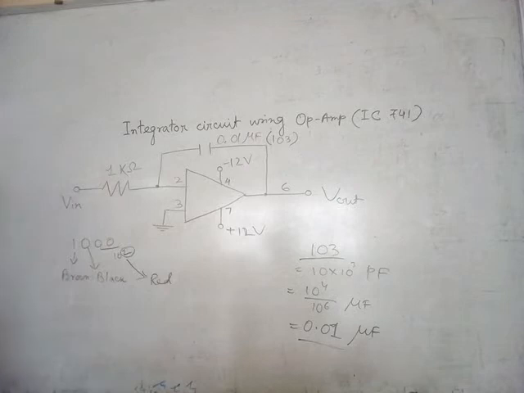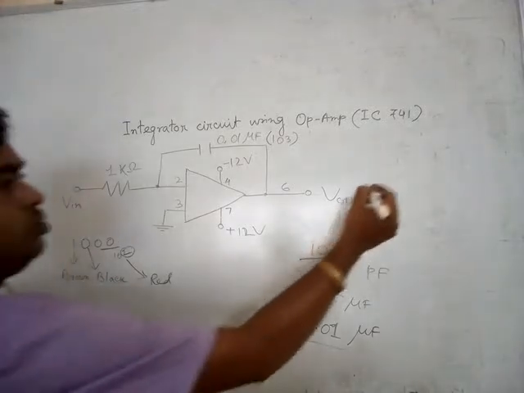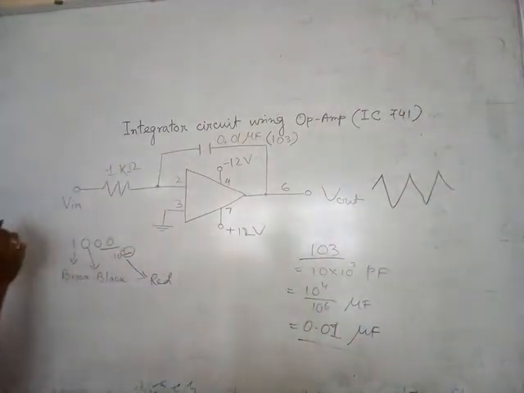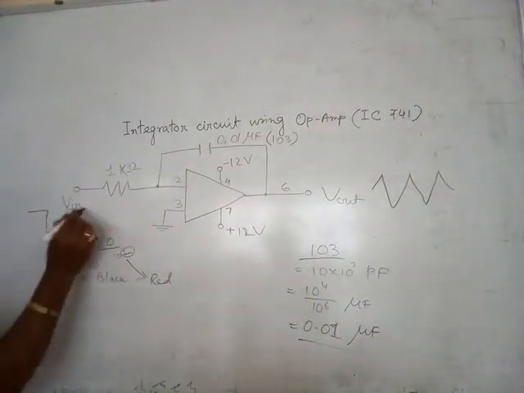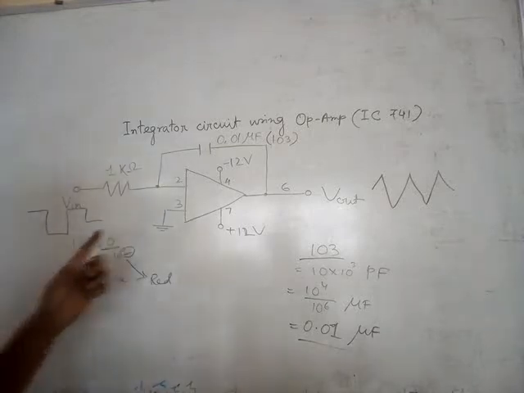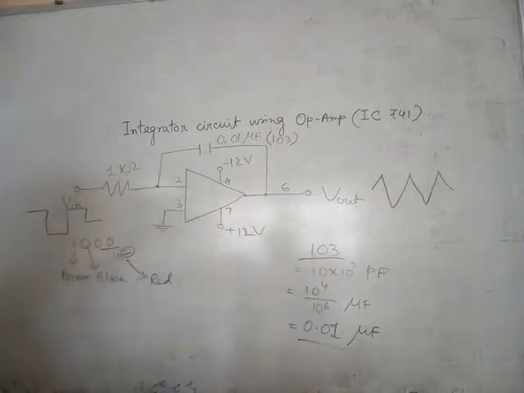The 4th band is the tolerance, which is invisible. In an integrator, we get a triangle output if we give a square pulse input. So basically the integrator circuit is used to convert a square pulse to a triangle pulse.